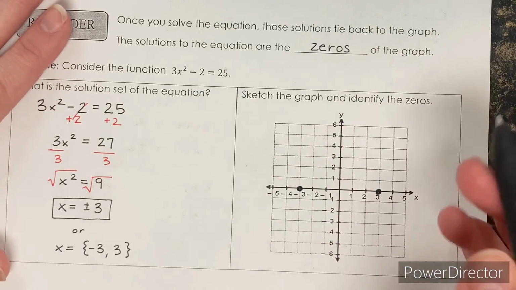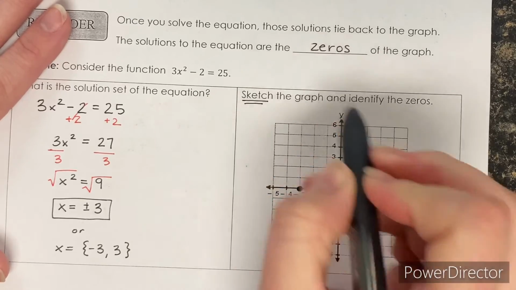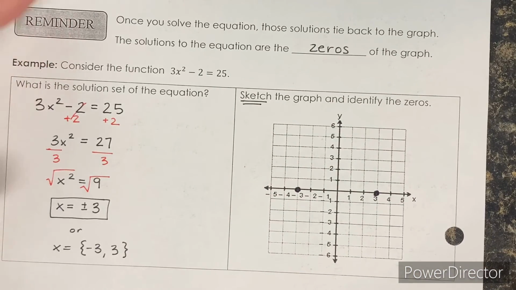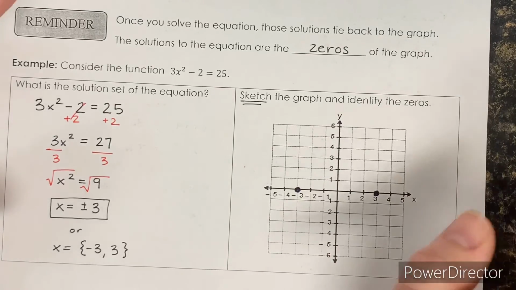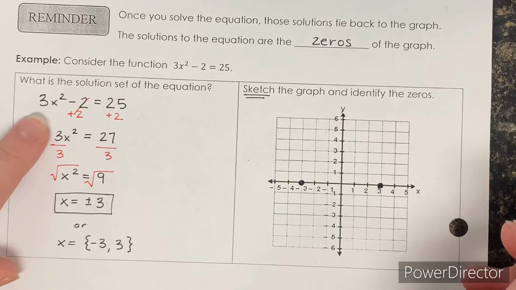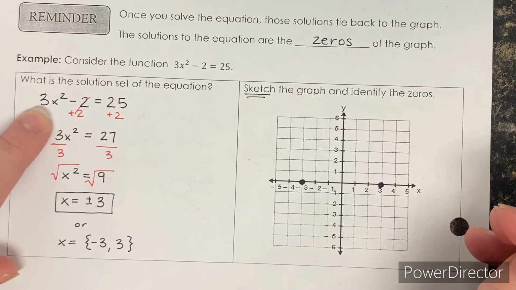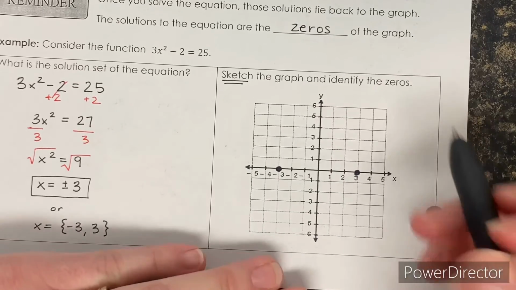And now as far as the graph part, the directions actually say to sketch the graph, so it does not have to be 100% accurate. As long as it looks like a parabola, which is the U-shaped graph, you're going to be okay. So that is a 3x squared, so it's positive, so it is going to open up.